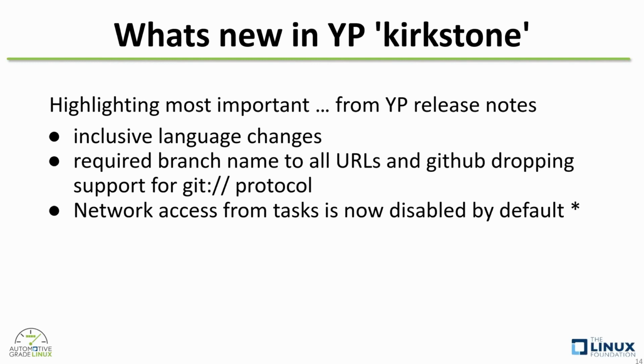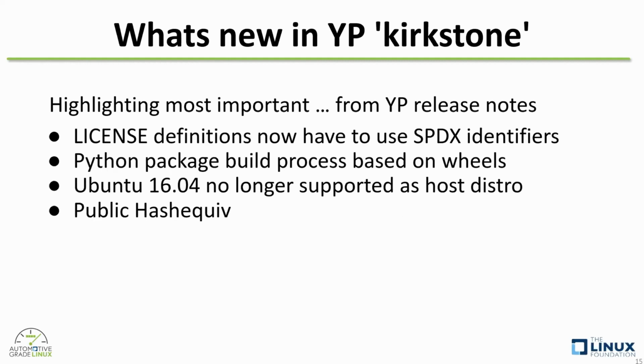And one important change is that network access from tasks is now disabled by default. What does that mean? I'll explain in a bit, but this will be an important change, and I'll tell you when that applies.